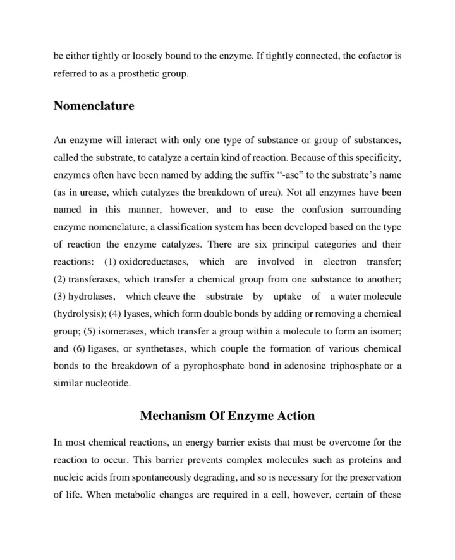Not all enzymes have been named in this manner. However, to ease the confusion surrounding enzyme nomenclature, a classification system has been developed based on the type of reaction in the enzyme catalysis. There are 6 principal categories and their reactions.